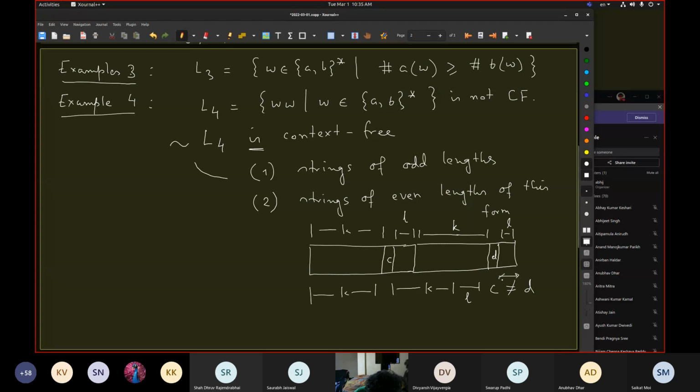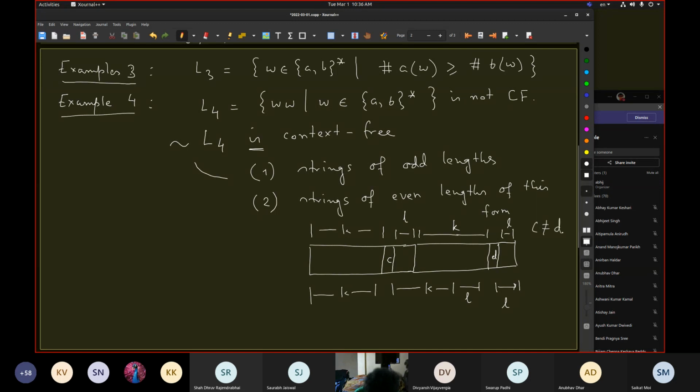Whatever remains is L. So this way, C not equal to D somewhere else.